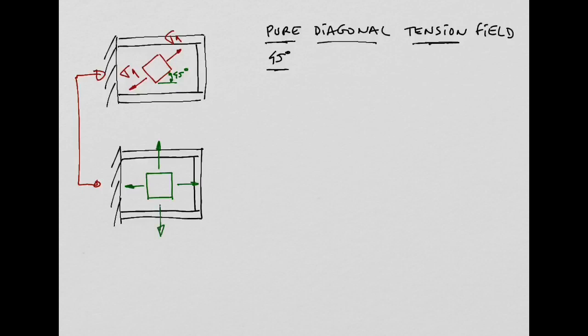So these are the direct stresses, and I also need the shear stresses. These stress components in green, we need to obtain from this diagonal tension sigma 1 at 45 degrees. So we need to do a stress transformation. And you are going to see later why we need to do this stress transformation, okay? To calculate the forces in the posts, in the flanges, we need all of this.